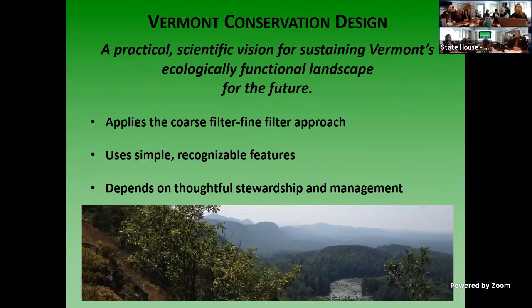And I'll explain that more as we go through. And it's a vision that depends on the full range of conservation, stewardship, and management. It's not about locking areas up. It's about figuring out what functions and values the landscape can provide, and how we can efficiently get at those functions and values.